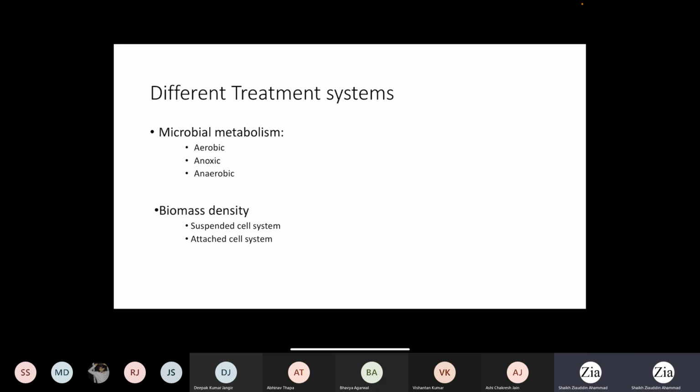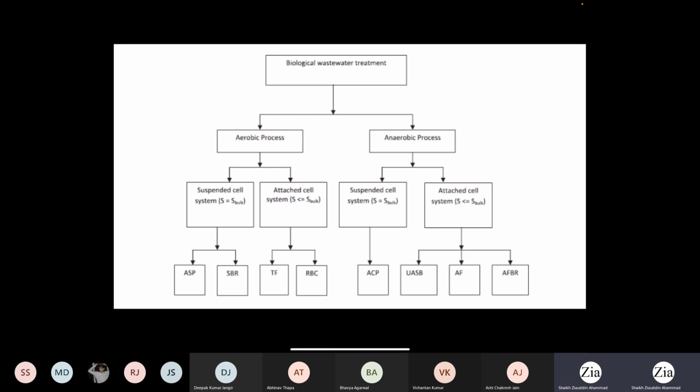When you look at the concentration, the suspended cell system will have cell suspension in the liquid, and the homogeneity in the suspended cell system depends on the solid holding capacity of the liquid.